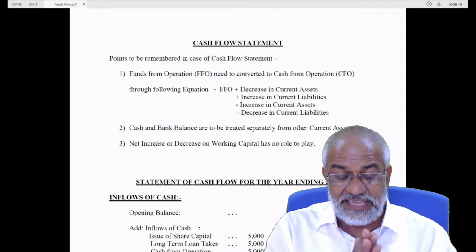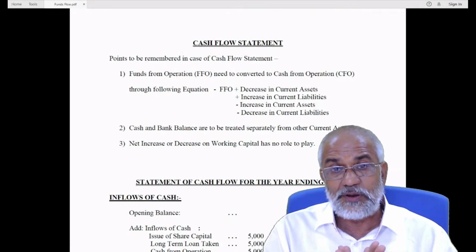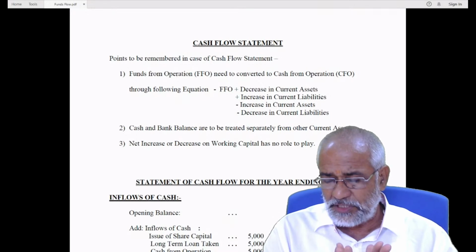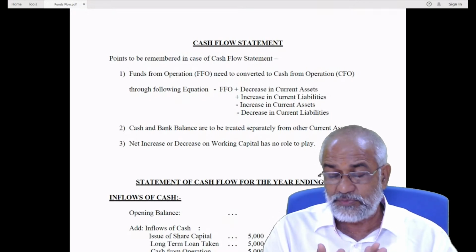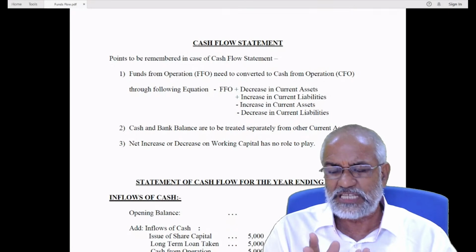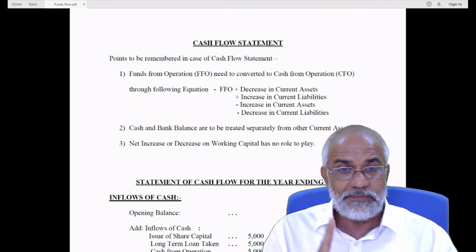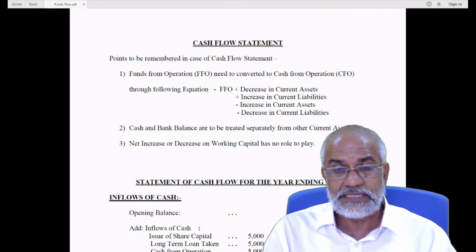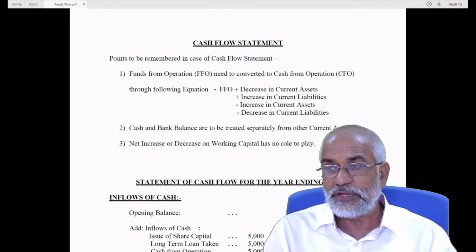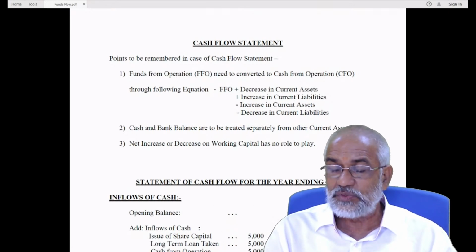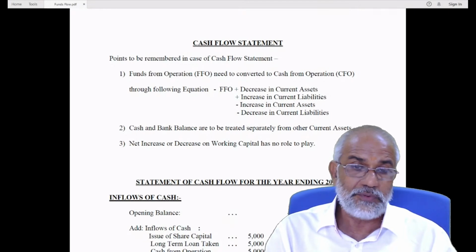The very first thing in converting the funds flow statement to the cash flow statement is that we need to convert the funds from operation to the cash from operation, because in the cash flow statement we need to consider the cash from operation only, not the funds from operation.